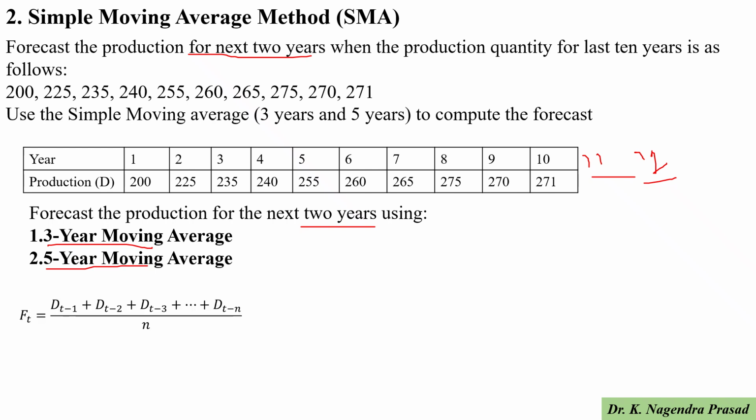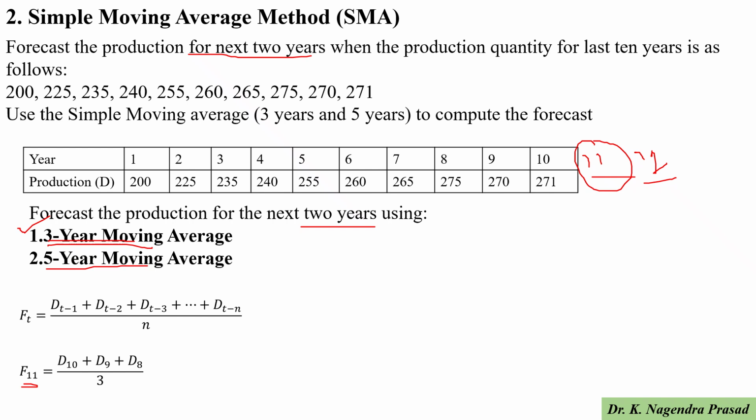We know the formula is Ft equals dt minus 1 plus dt minus 2 plus dt minus 3 up to dt minus n, divided by n. Here we have to calculate the 11th year forecasting value by using the 3-year moving average.